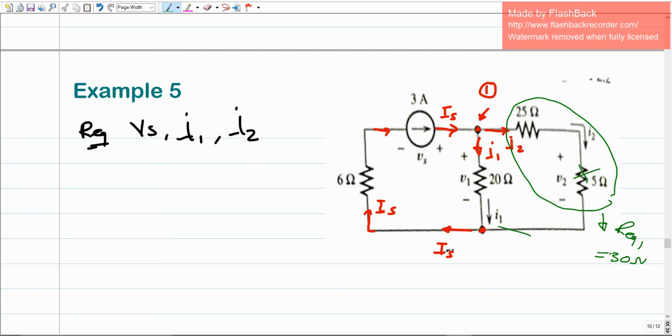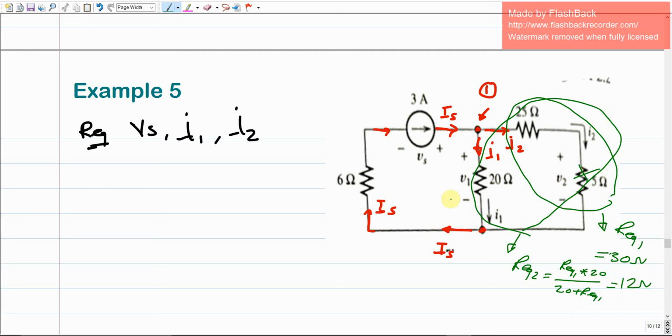It means that we can combine these three into another R equivalent, R equivalent 2, which is R equivalent 1 times the 20 divided by the 20 plus R equivalent 1. Why? Because they are parallel. The current has been split over them. So R equivalent 1 is already 30, times 20 divided by 50, which gives us 12 ohms.